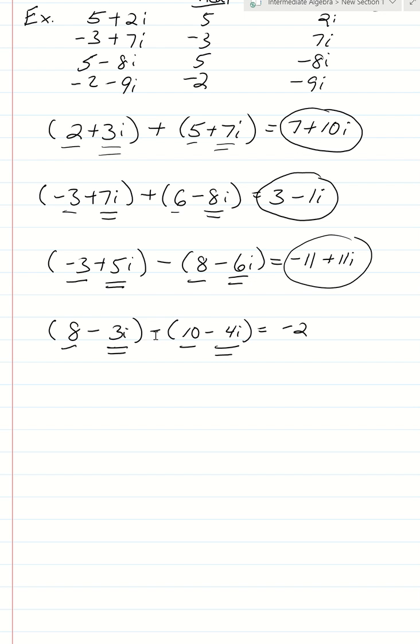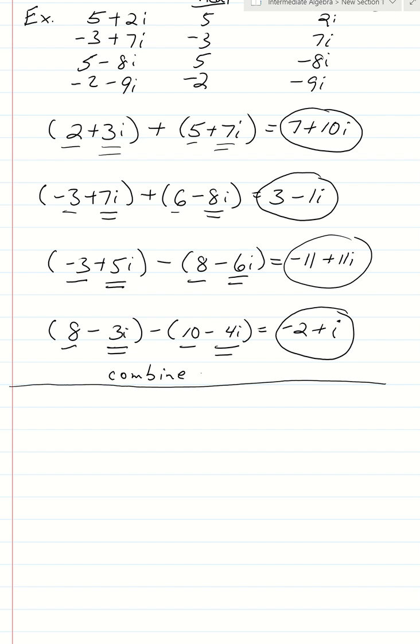So the negative 3i minus the negative 4i, that would give us a plus 1i. And that would be the answer to these adding and subtracting of complex numbers. So like I said, when we add and subtract, basically you want to combine like parts. You want to combine the real parts and you want to combine the imaginary parts. And like I said, this is very, very similar to what we did with adding and subtracting polynomials.